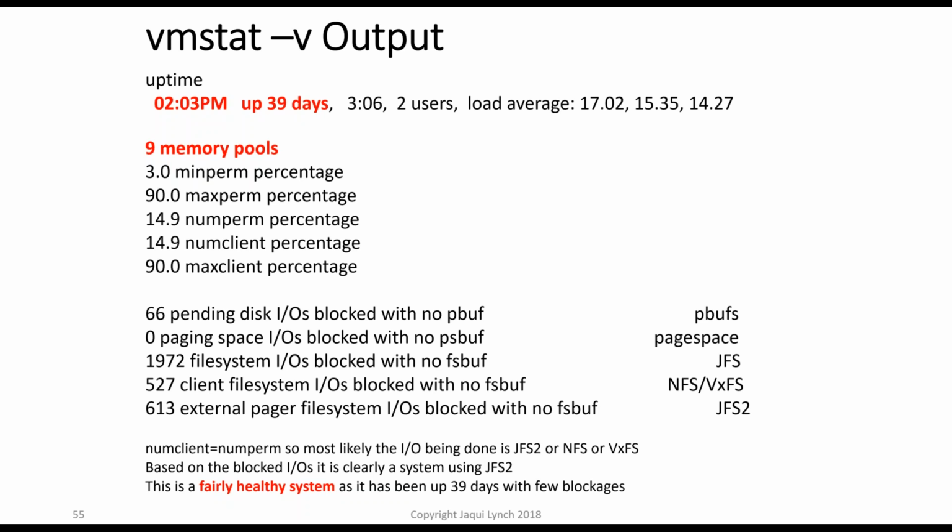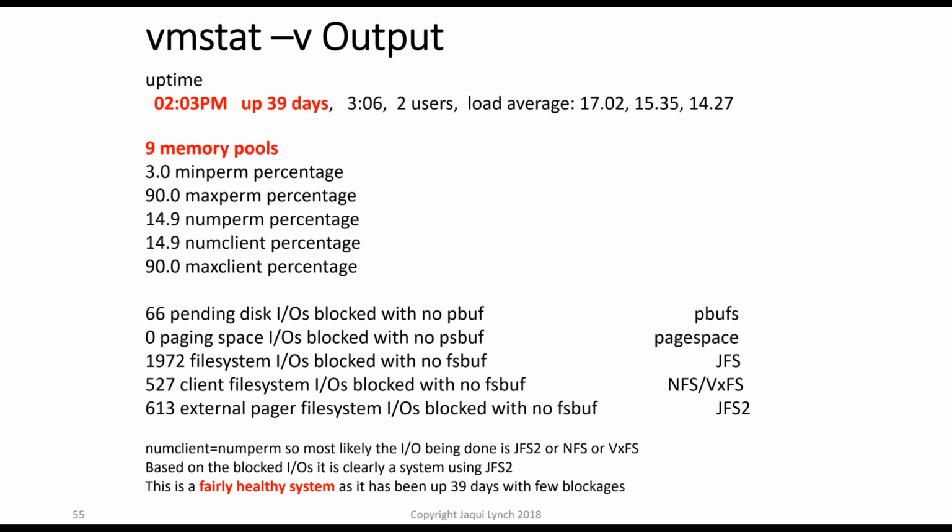Is it a client? Then I need a network one, like NFS or Veritas. And then the other one for file system buffers is JFS2, and there I use something called external pager file system IOs. So I basically put it in one of those buffers, and then I can start to do things like send it out to the IO subsystem or whatever.